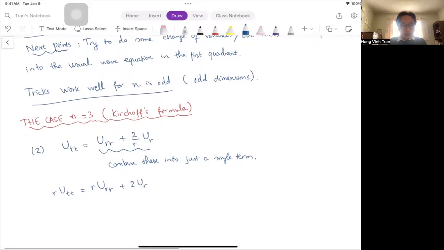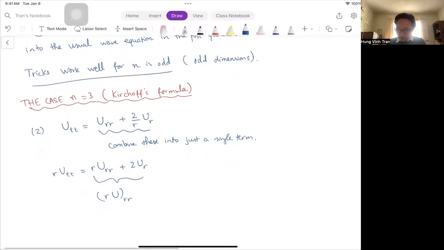Then I realize that the right hand side is nothing but r times u differentiated twice in r. Let's double check.